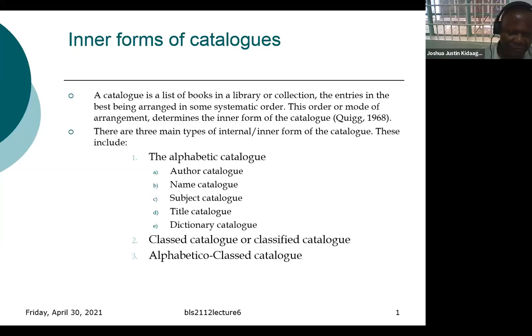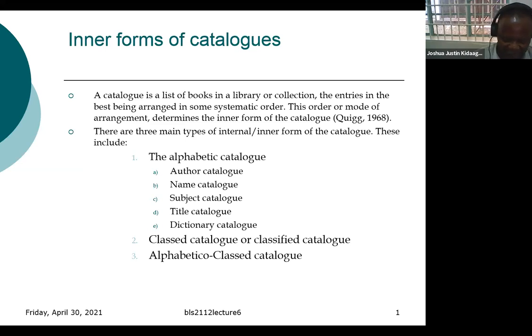Number two, the classified or classed catalog, in which the entries are arranged following class numbers. And number three, the alphabetical classed catalog, in which the arrangement follows the alphabet and also the class numbers.